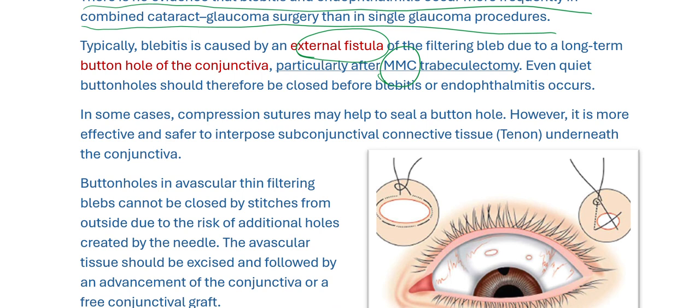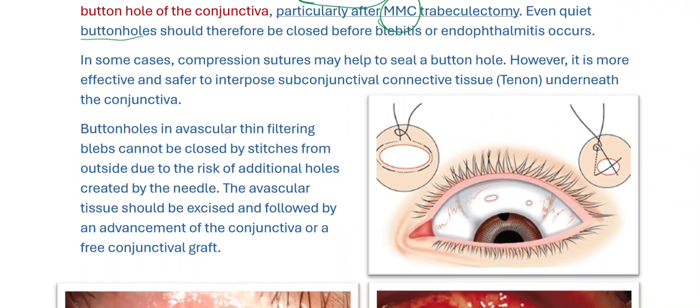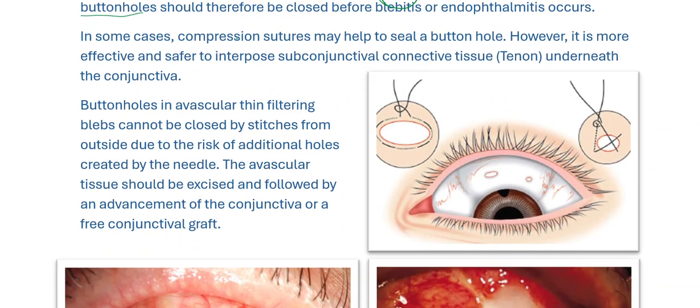Even quiet buttonholes should therefore be closed. So many patients might have buttonholes that are quiet, causing no inflammation, no irritation, no foreign body sensation, but it should be closed before blebitis or endophthalmitis happen. Compression sutures can help to seal the buttonhole.